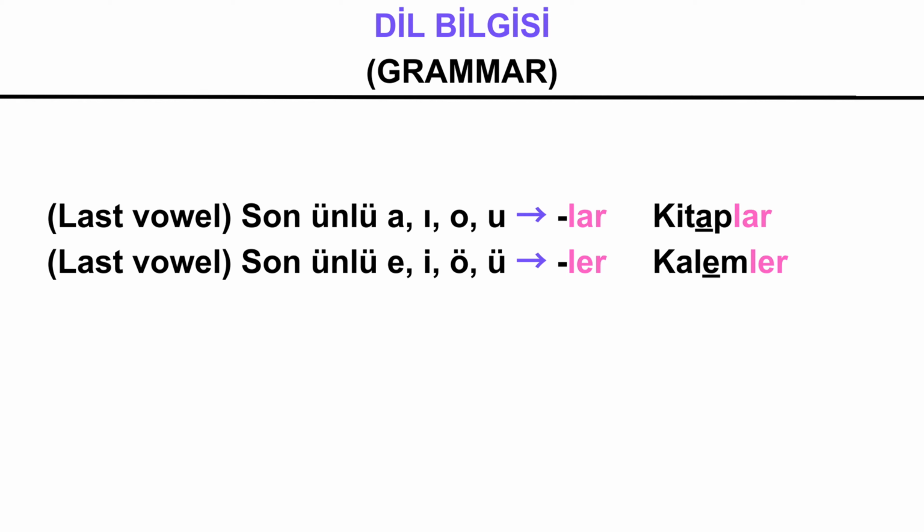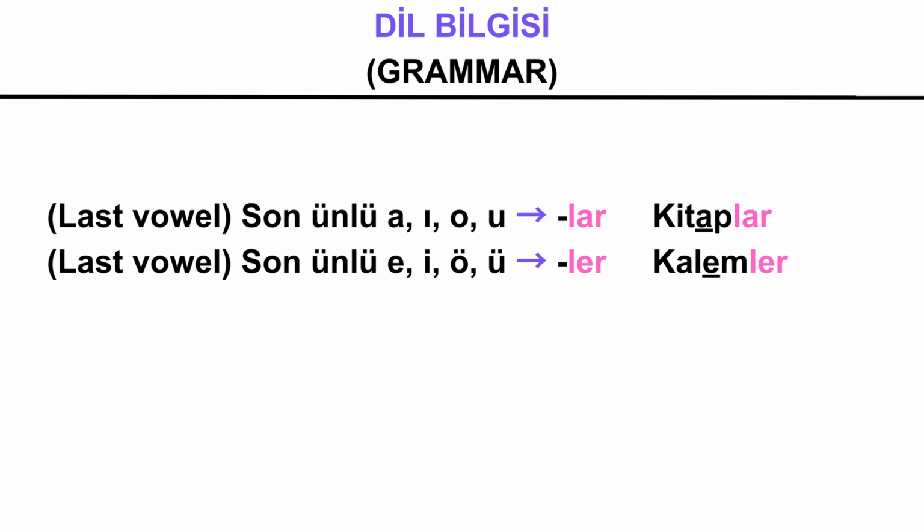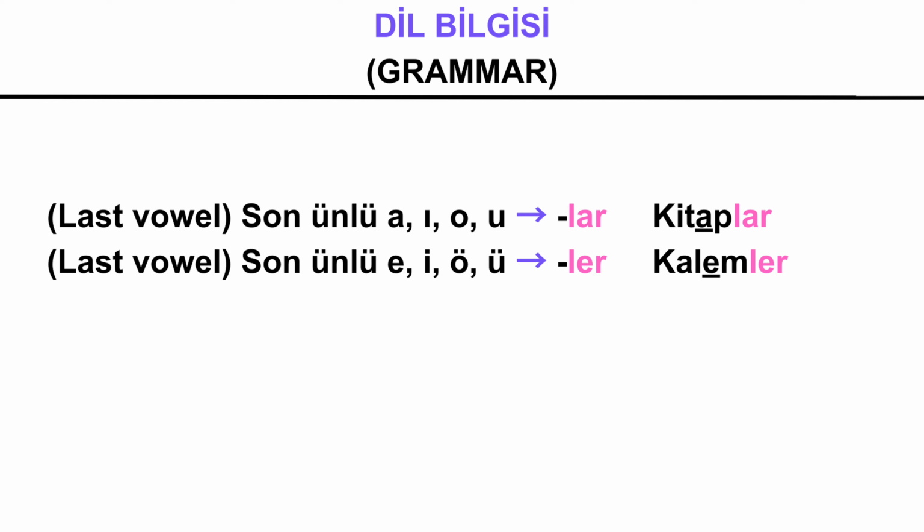If the last vowel is either a, ı, o, u, the word becomes noun plus lar. So we add the suffix lar to make it plural. If the last vowel, though, is either e, i, ö, ü, then we add ler. That was the difference between the kitap and kalem examples.